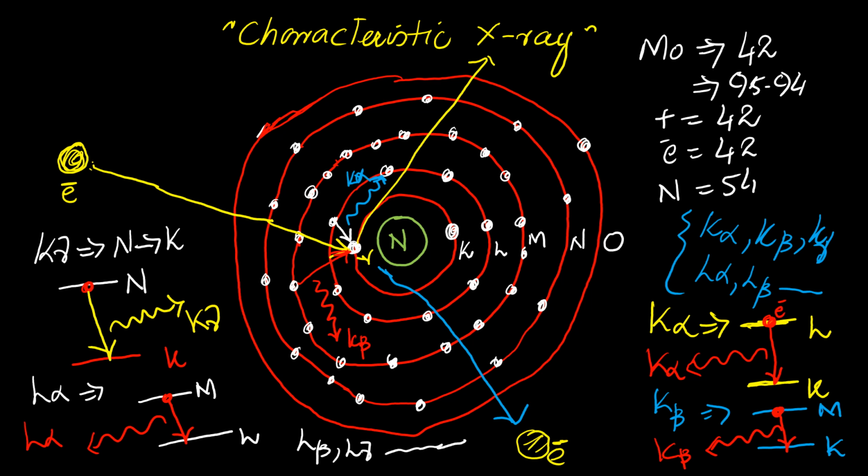Characteristic X-rays are produced due to an inner shell transition, whereas continuous X-rays are produced due to the deceleration of electrons. Due to inner shell transitions, different types of X-rays like K alpha, K beta, L alpha, L beta, L gamma, etc. can be produced. So this is all about X-rays.